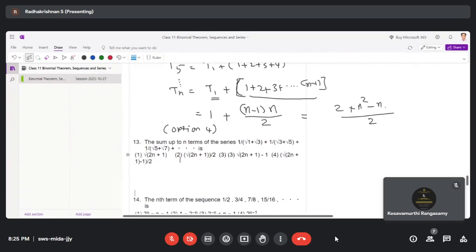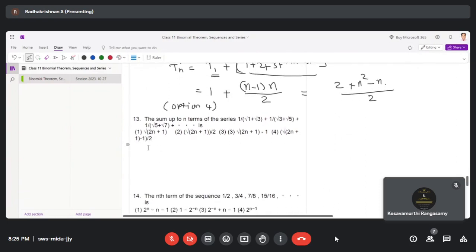Sum up to n terms of the series 1 over root of 1 plus root of 3. 1 over root 1 plus root 3.